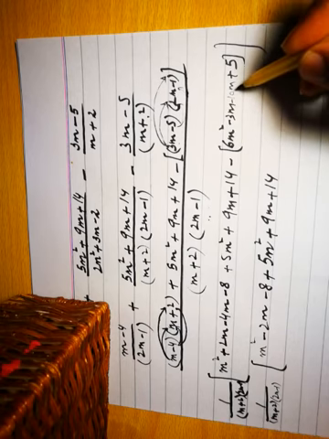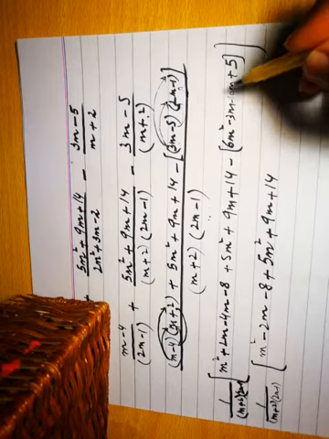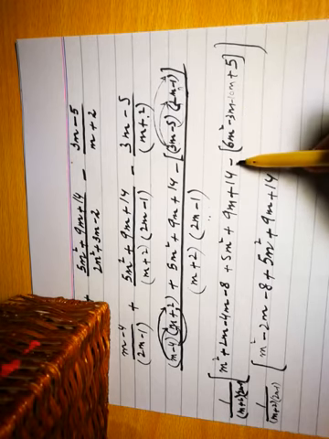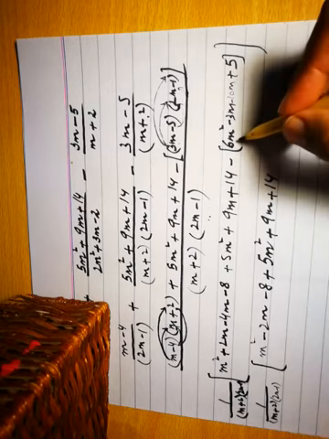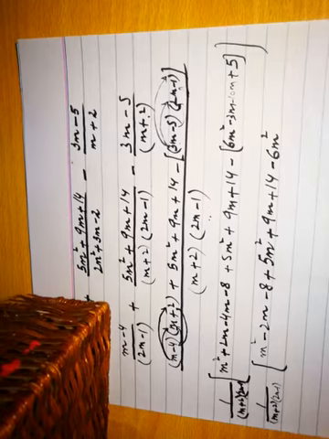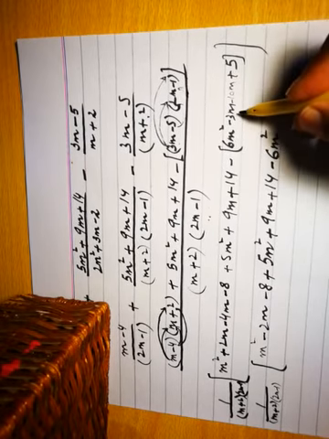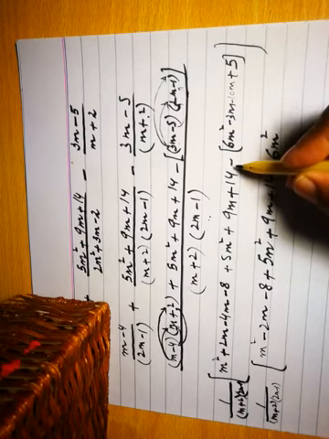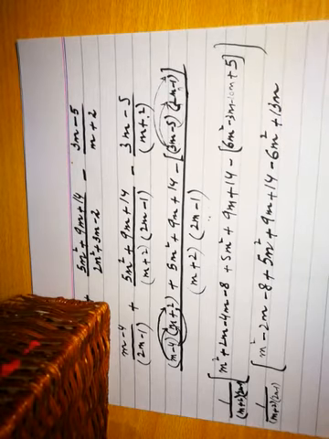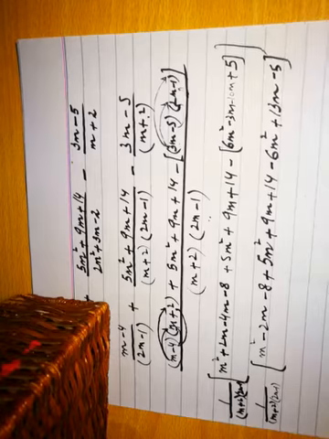Minus 3m minus 10m will give me minus 13m. And when I open the bracket, that negative 13m will become positive 13m, and 6m square will be minus 6m square. Negative and positive will give me negative 5.